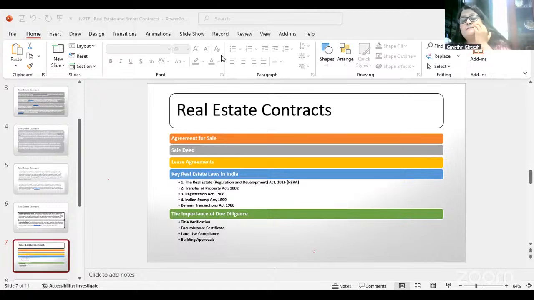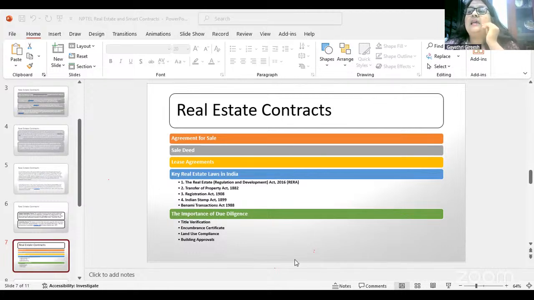Now, what is an encumbrance certificate? Your EC, have you heard people talking about EC?